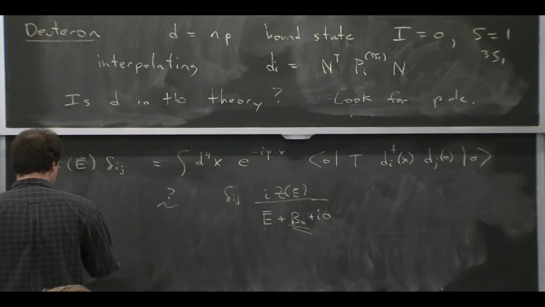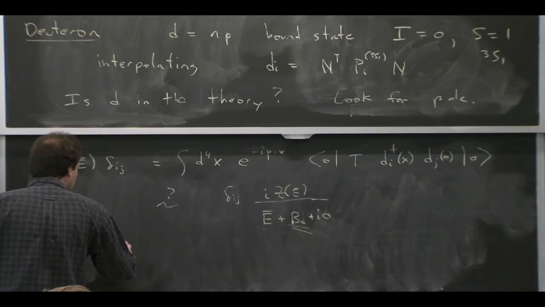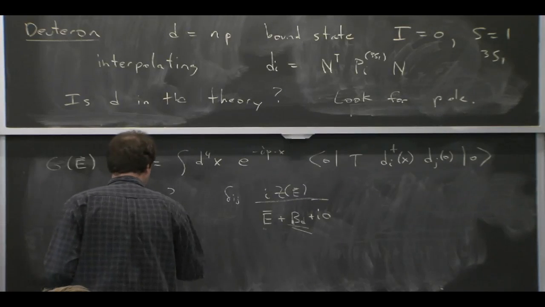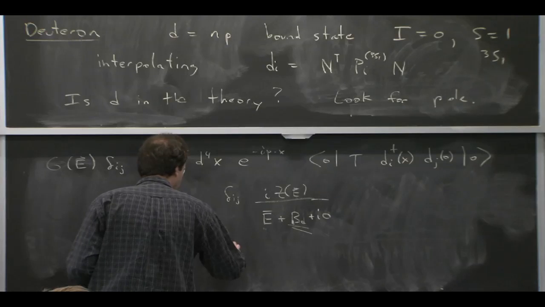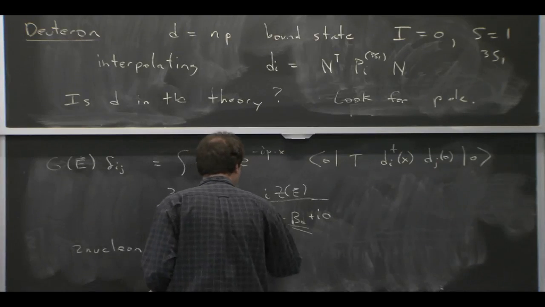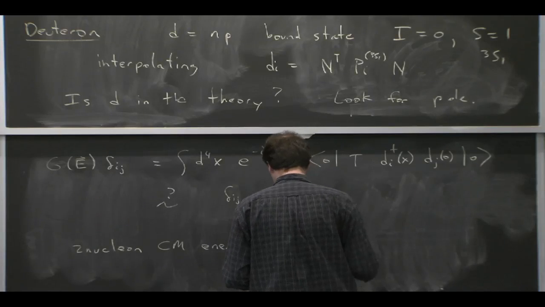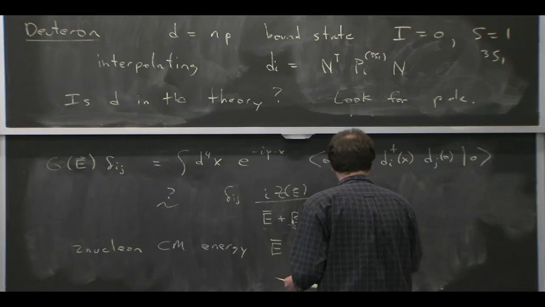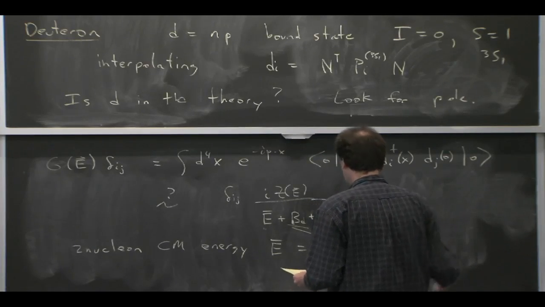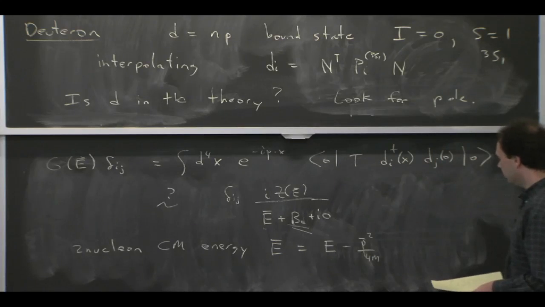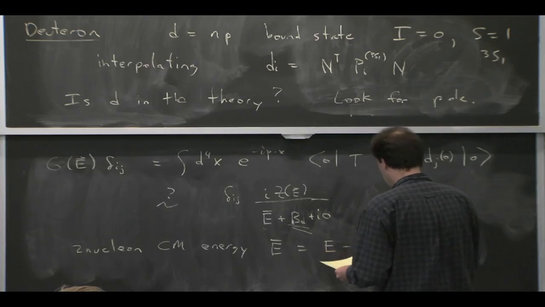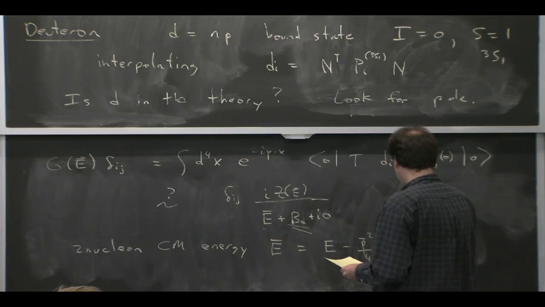So this E bar is the two nucleon center of mass energy, which, in the conventions we were using last time, is, we had energy E over 2 for each of the nucleons, so the sum would be E. There's some kinetic term as well.